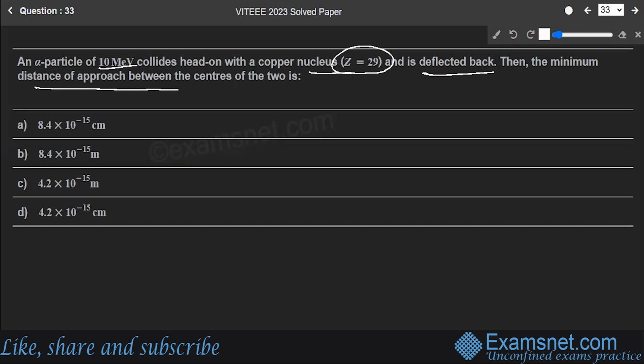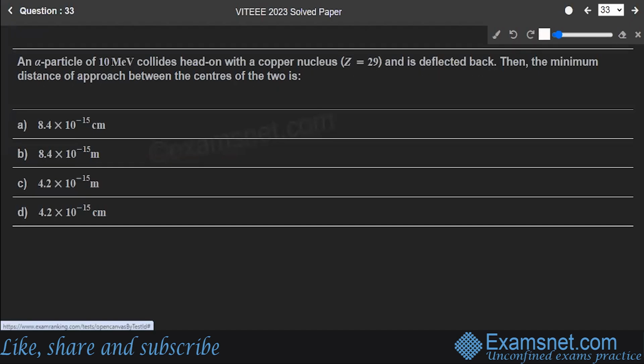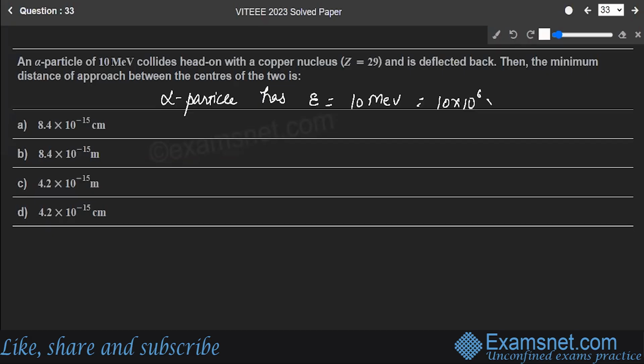Then the minimum distance of approach between the centers of the two is. You have that the alpha particle has energy equal to 10 MeV, which is equal to 10 into 10 power 6 into electron charge 1.6 into 10 raised to power minus 19 joules.